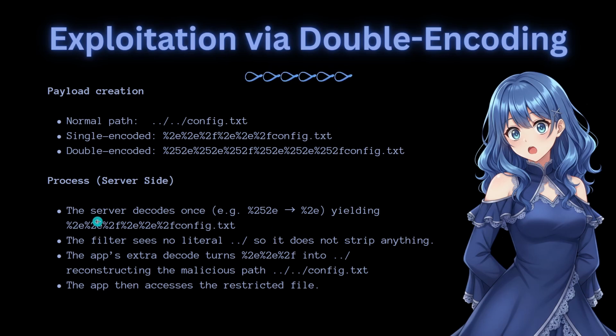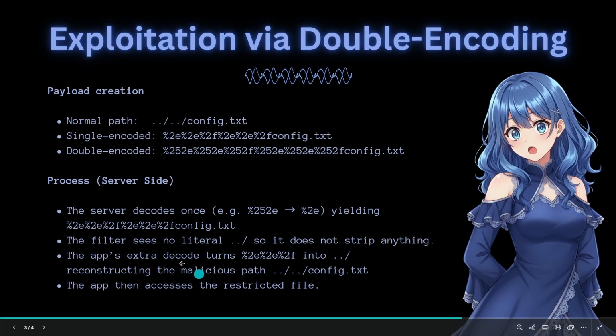Okay, so what the server does is that the server decodes once. That means it will decode this format back to this format, yielding config.txt. Okay, the filter says no literals.